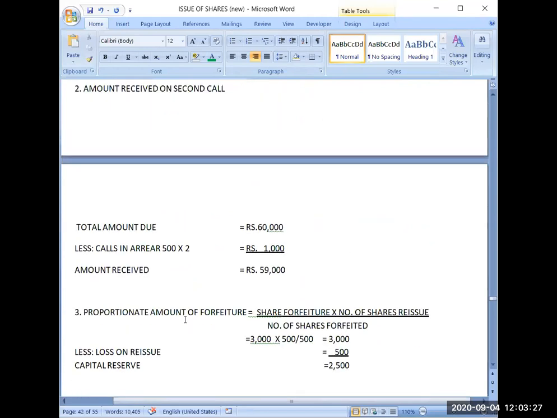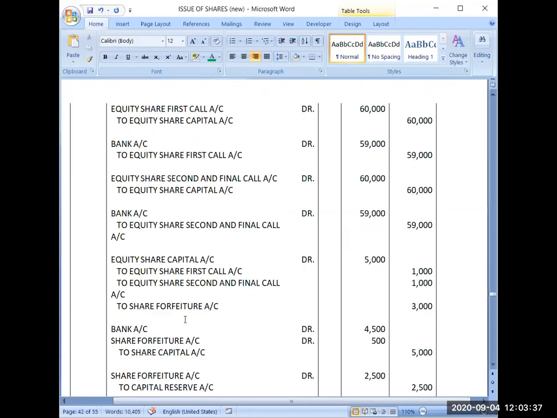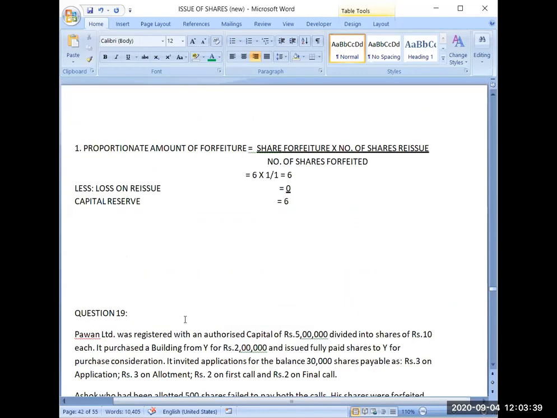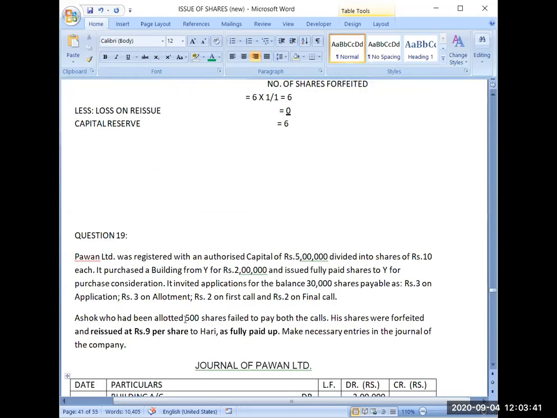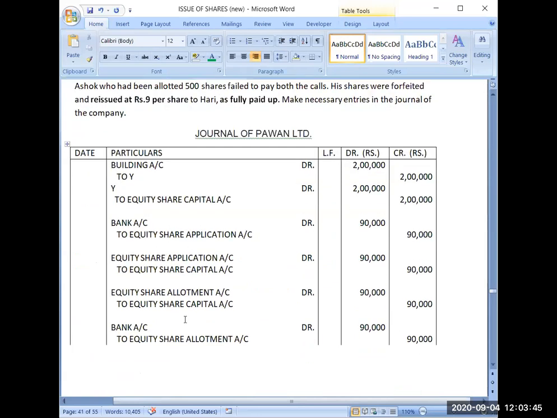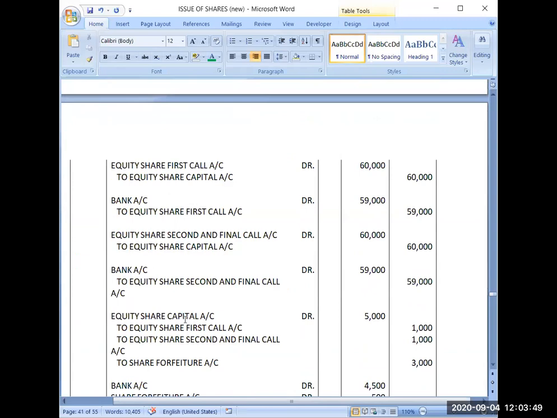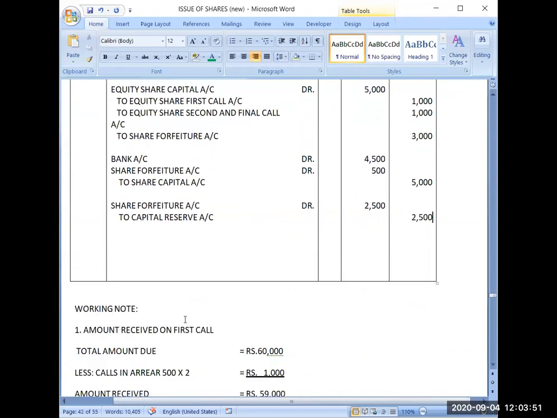That's why I am asking you again and again to do more and more practice. With each and every step, try to speak the face value, try to speak the breakup, and cross-check it. What number of shares I am forfeiting, what I am reissuing, why I am doing this entry, why I am writing share forfeiture, why I am writing that this amount is not received.